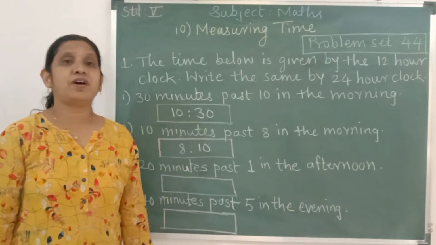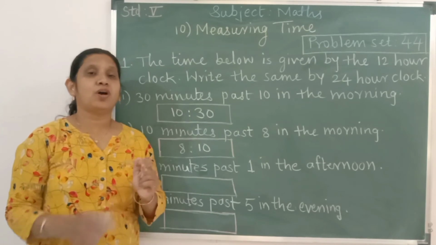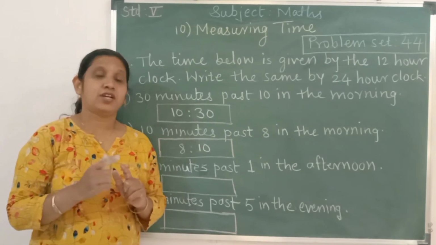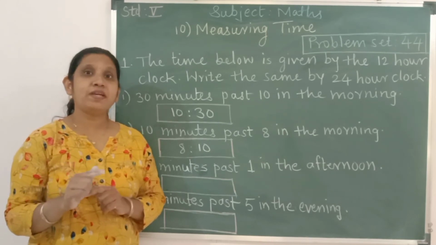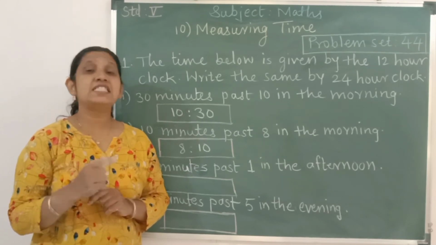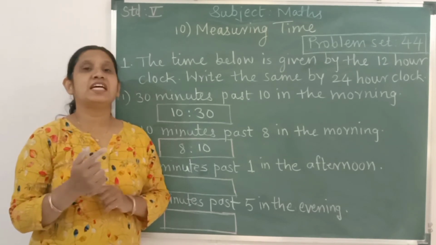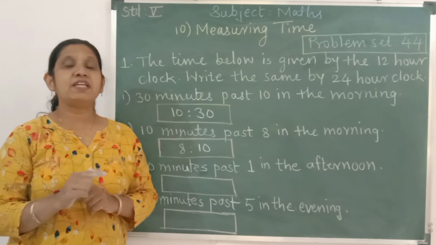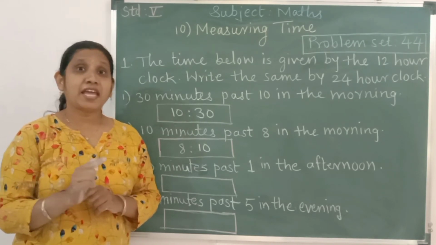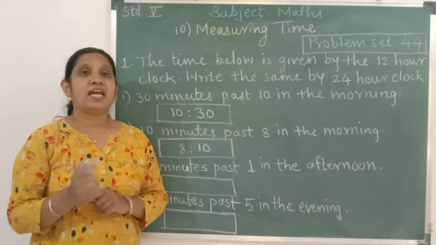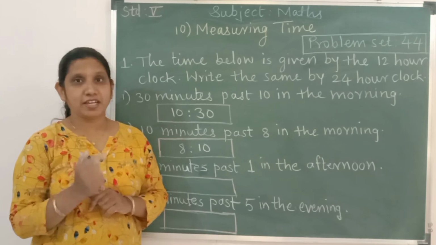Now as per 24-hour clock system, first let us know. 1 means 13, 2 means 14, 3 means 15, 4 means 16, 5 means 17, 6 means 18, 7 means 19, 8 means 20, 9 means 21, 10 means 22, 11 means 23 and 12 means 24.